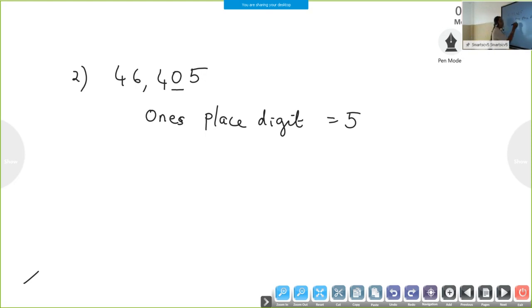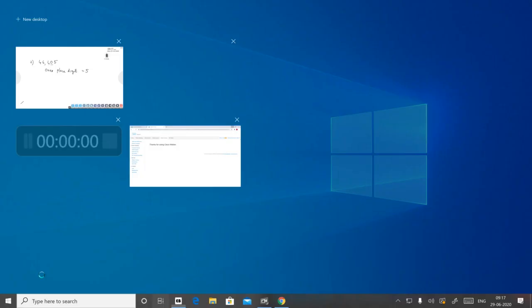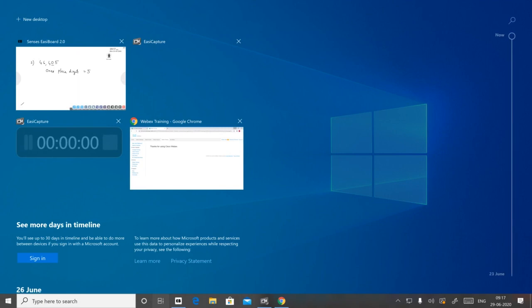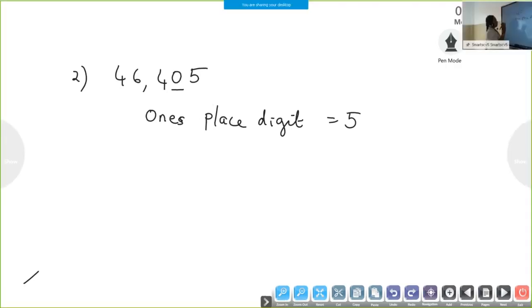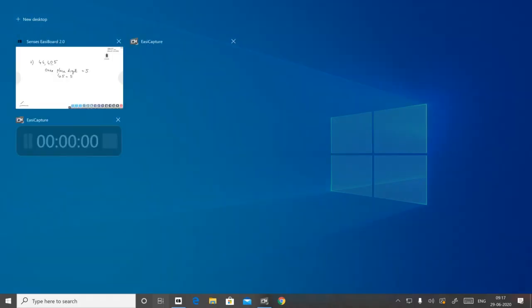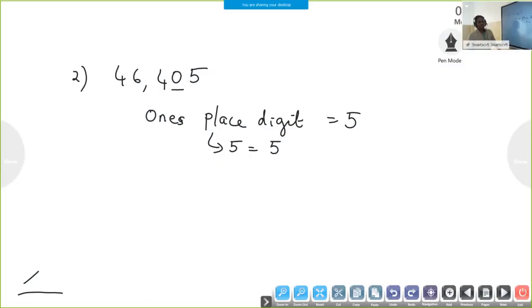Now what is the rule? If the ones place digit is equal to 5 or greater than 5, here it is equal to 5. If it is equal to 5, then what do we have to do?